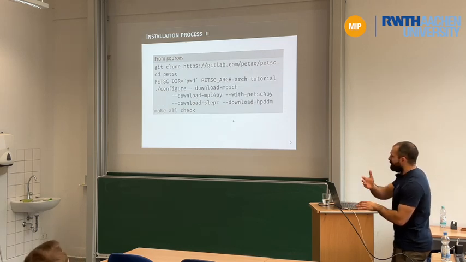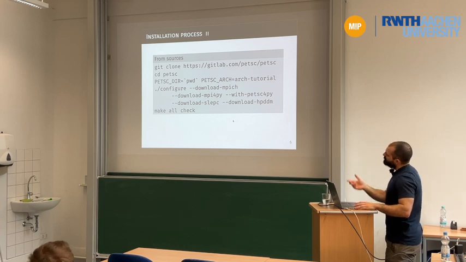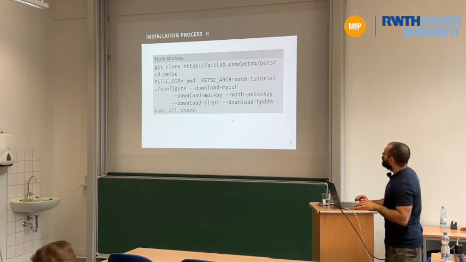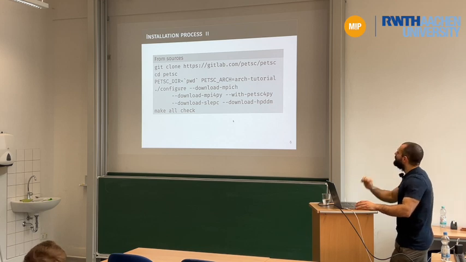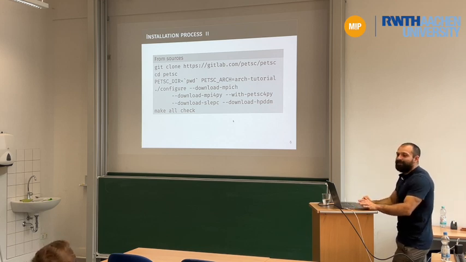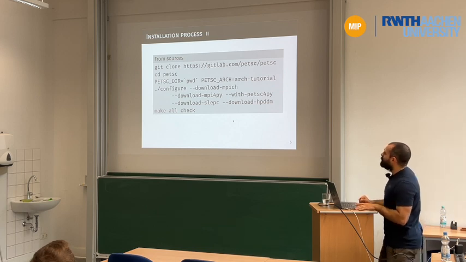As I said just before the beginning of the talk, I'm more old school, so I prefer to do things from sources, but it's quite easy if you are familiar with the terminal and with Git. You can clone the main repository. By default, this will clone the main branch.